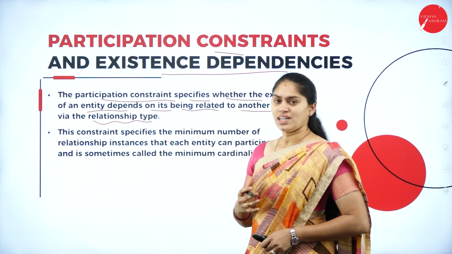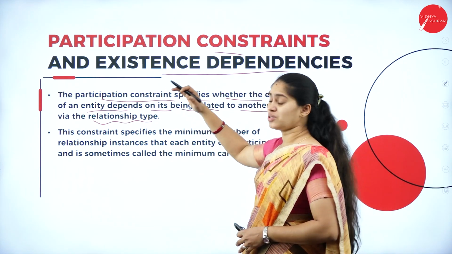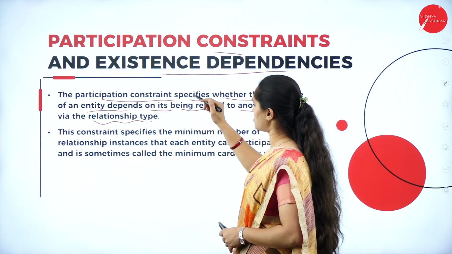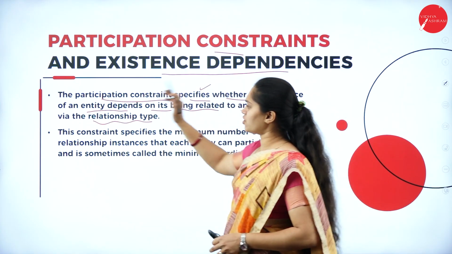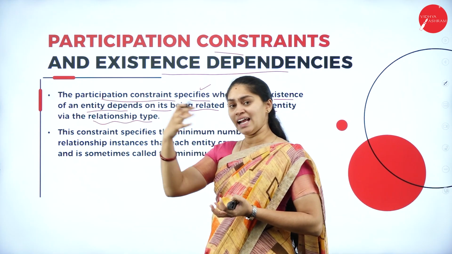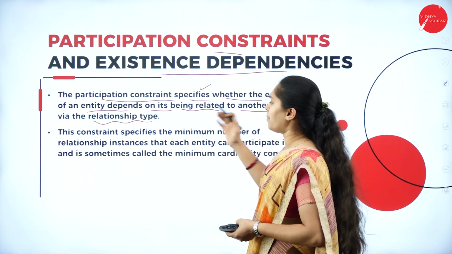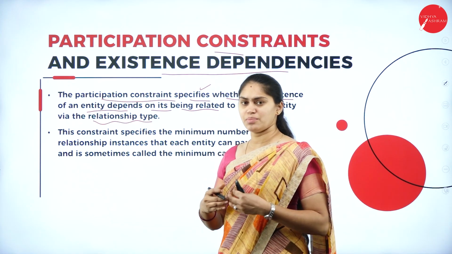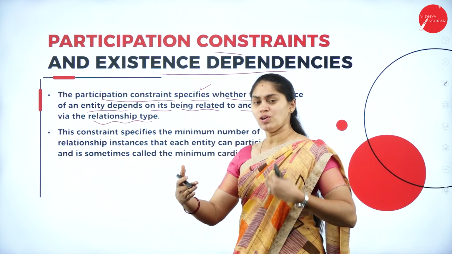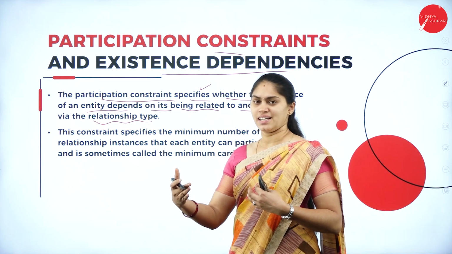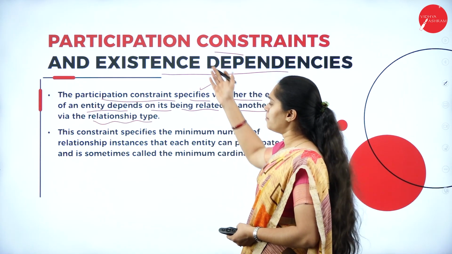So this participation constraint is going to specify whether the existence of an entity depends on the existence of another entity. What is the relationship between one entity's existence and the existence of another entity? Then we can say that is participation.